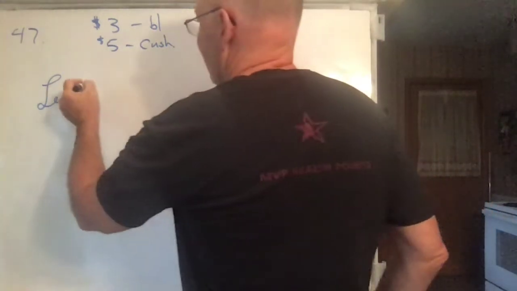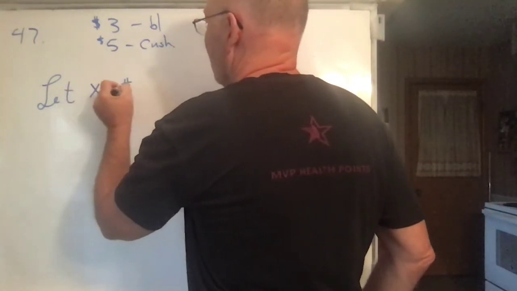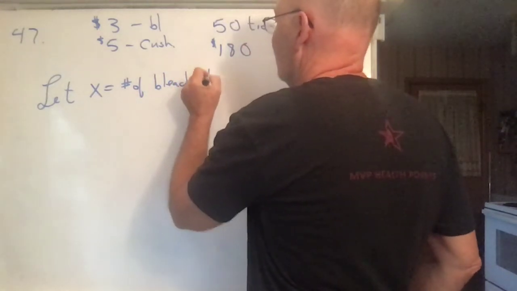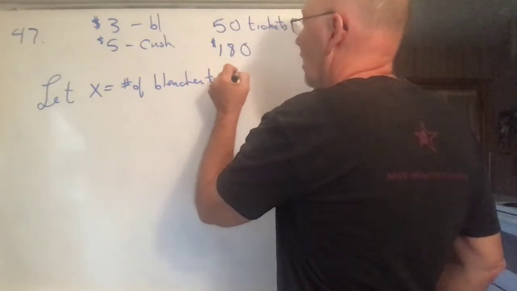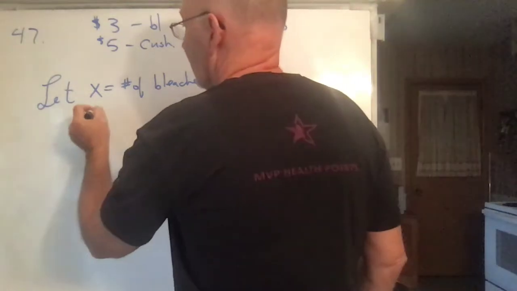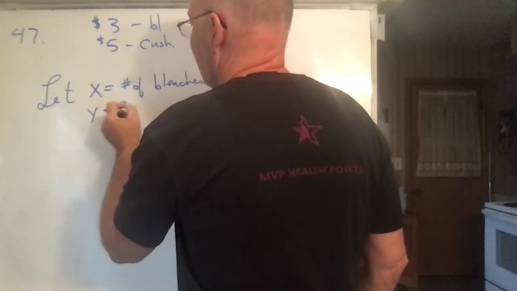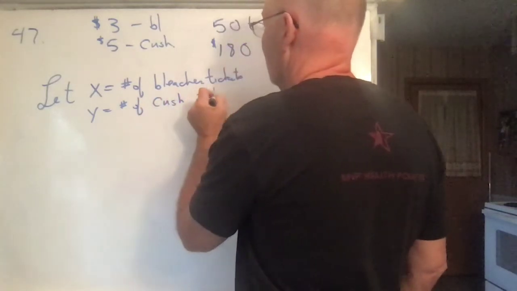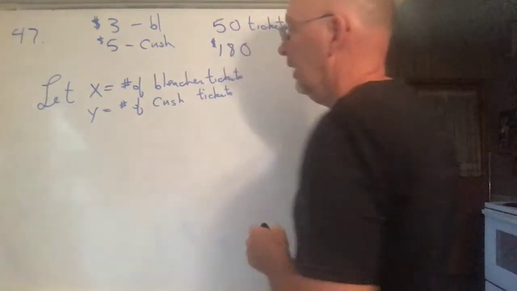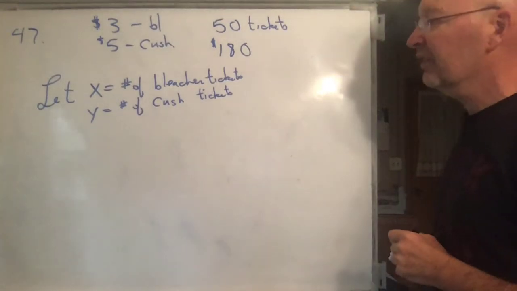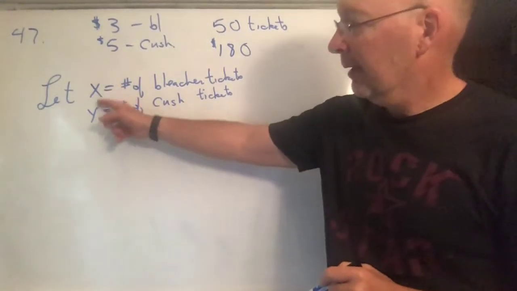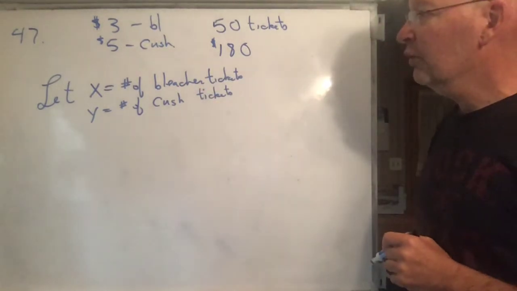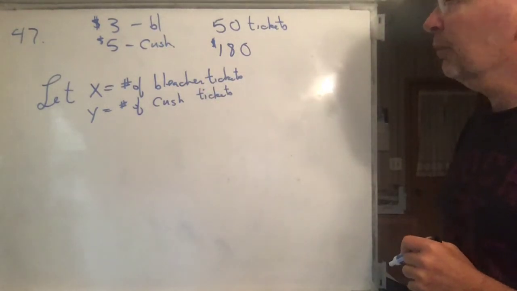So let's let x be the number of bleacher tickets, and then we'll let y be the number of cushioned tickets. There we've assigned a mathematical symbol to a physical thing. And that's how you use mathematics to actually solve real-world problems.